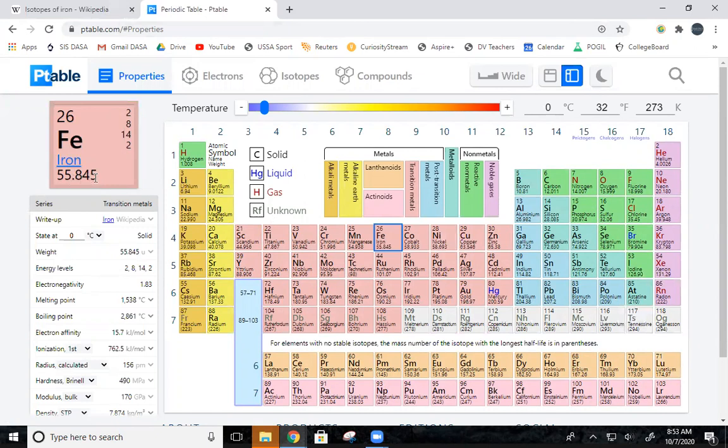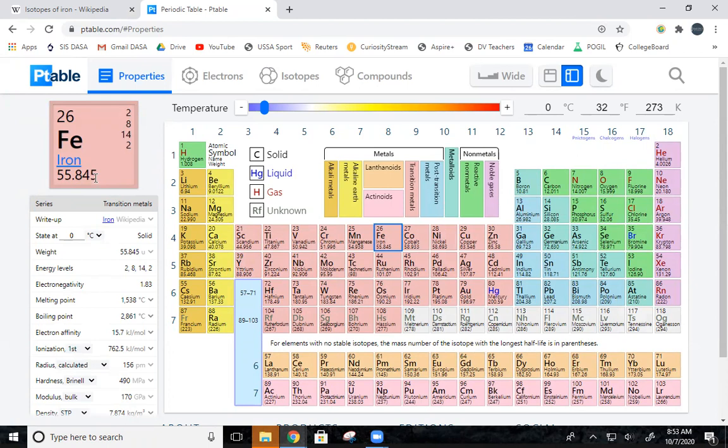The average elemental mass is 55.845. So remember that the mass of any one atom is always a whole number, because you have protons, which weigh 1, and neutrons, which weigh 1 atomic mass, right?